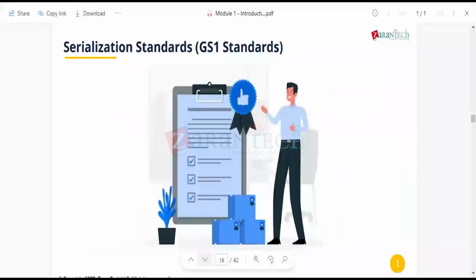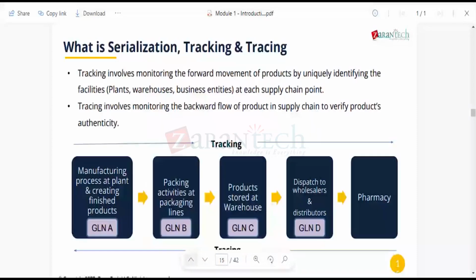Okay. Can I ask a question? Sure. So with this tracking, how does it work? Suppose one manufacturer provided their drug product to another distributor, and the distributor has their own serialization.